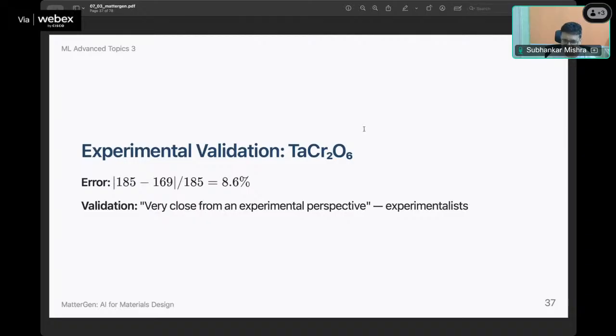That was the final defining criterion, the first of its kind experiment in which machine learning was able to produce a new material.